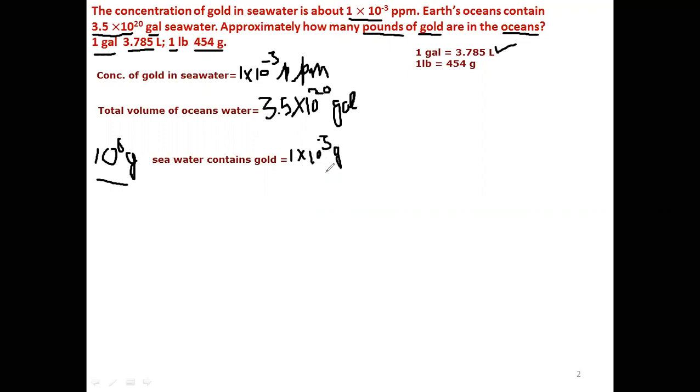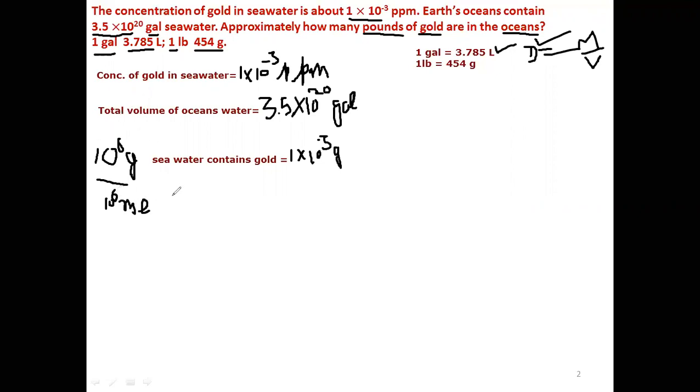Now as the solution is very dilute and we have the formula density is equal to mass per unit volume, we can assume the density of sea water as 1. So mass will be equal to volume. So we can write 10 raised to the power 6 ml instead of 10 raised to the power 6 gram. Why? Because density is 1.